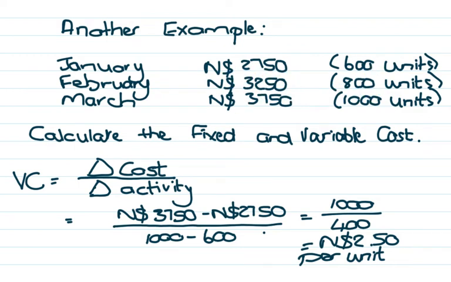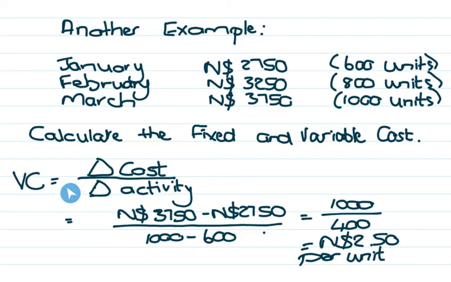And then in March, it went up to 1,000 units, and my total production cost was $3,750. So these are my output, these are my units, and these are my total cost. Now, I'm asking you to calculate the fixed cost and the variable cost.